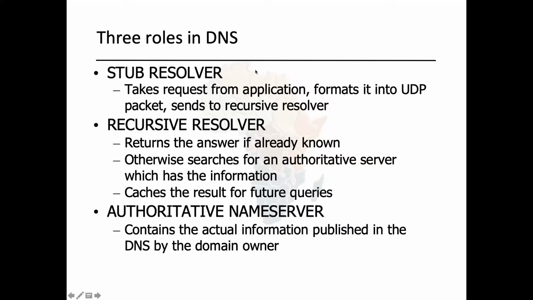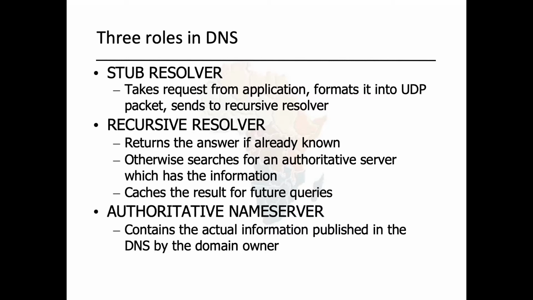A stub resolver takes a request from an application, for example, a browser, formats it into a UDP packet and sends it to a recursive resolver. Your recursive resolver is actually the server on the internet that tries to obtain the resource record information that you've asked for.